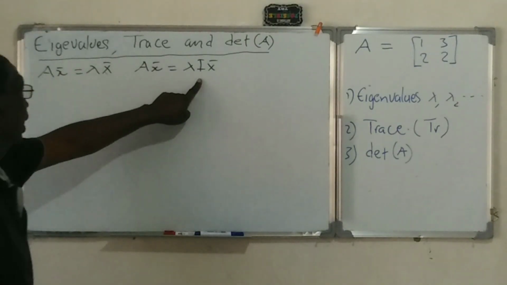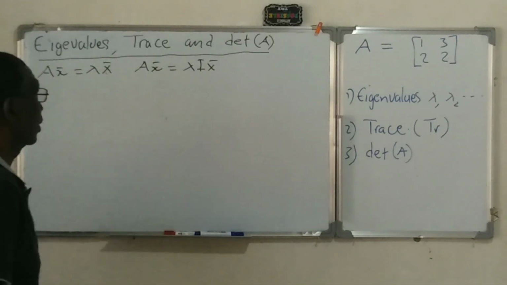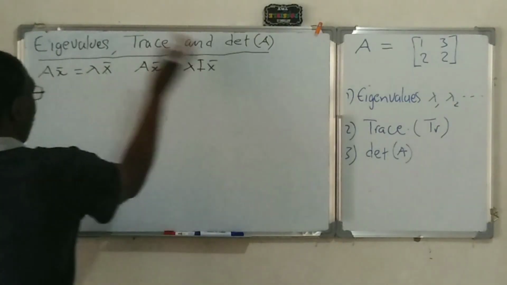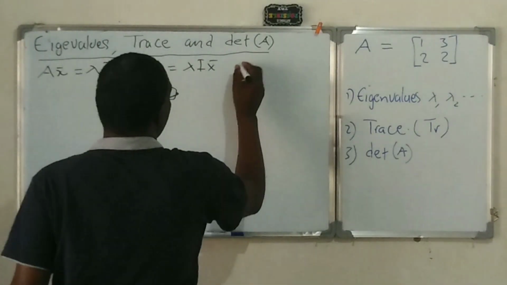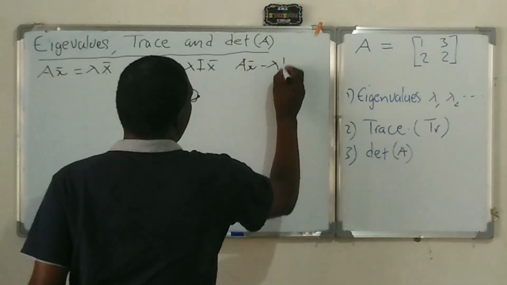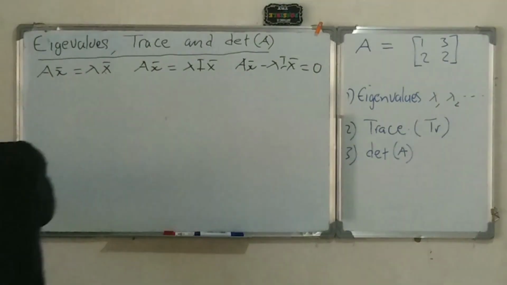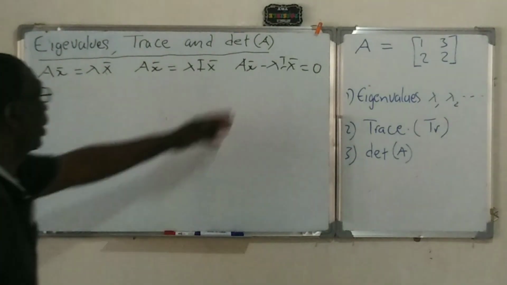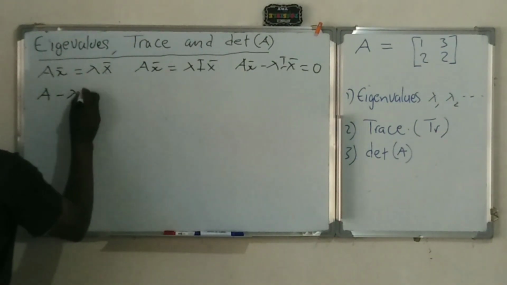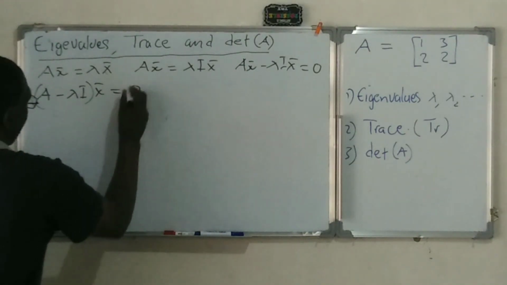This doesn't change anything because x multiplied by the identity matrix I is just the same vector x. So we can also write this, by transferring it to the other side, as Ax minus lambda I x is equal to 0. We can factorize this to (A minus lambda I) multiplied by our vector x is equal to 0.